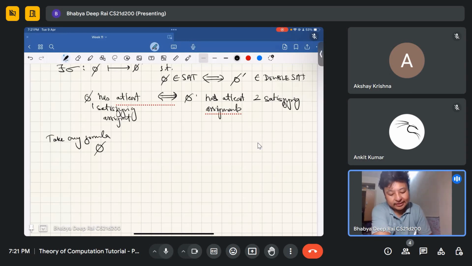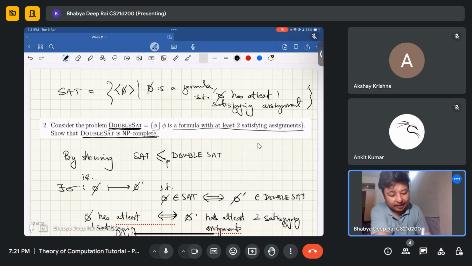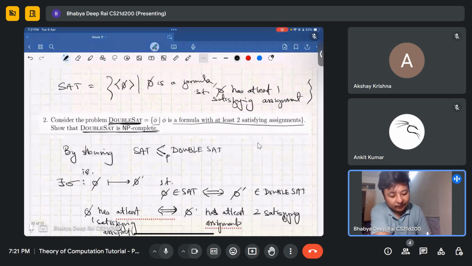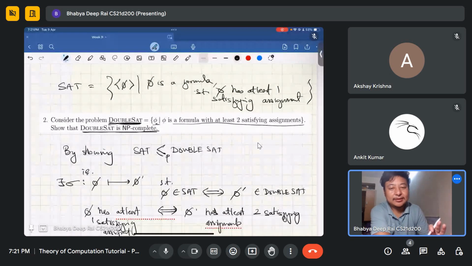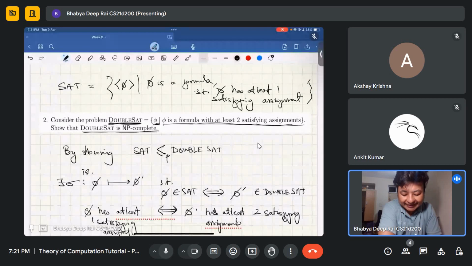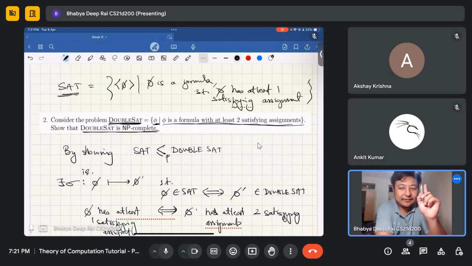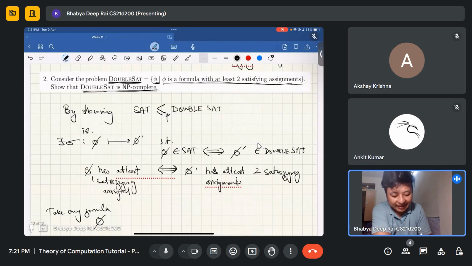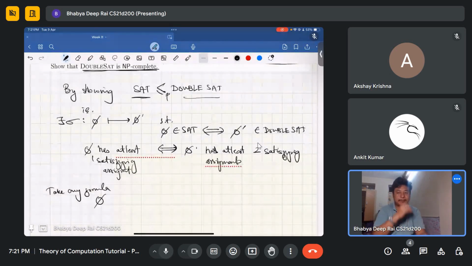So the question is: consider the problem double SAT. Double SAT consists of all formulas phi with at least two satisfying assignments. Recall that SAT is the set of formulas which have at least one satisfying assignment. We want to show that double SAT is NP complete by showing that SAT reduces to double SAT. Clear?